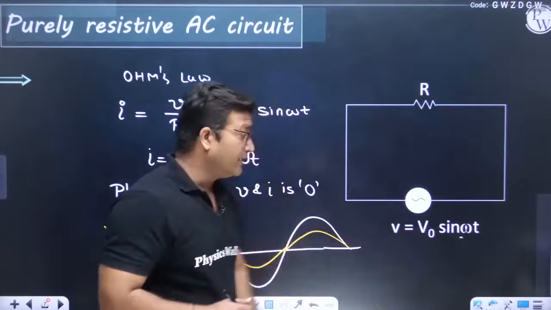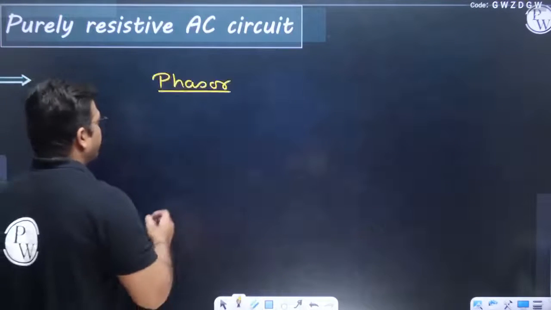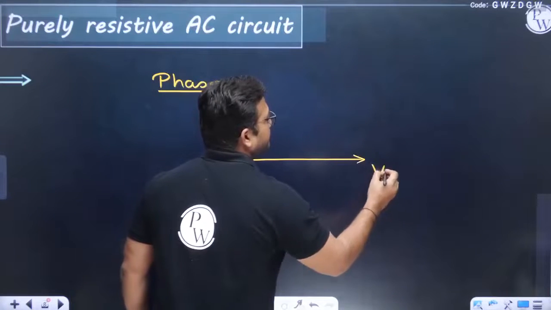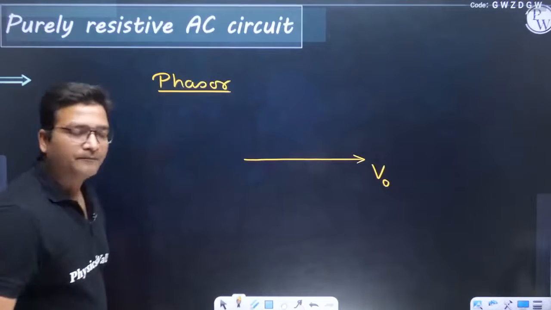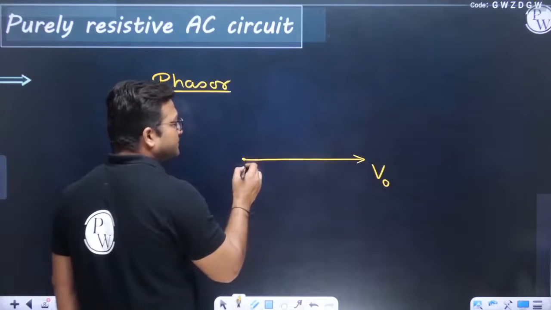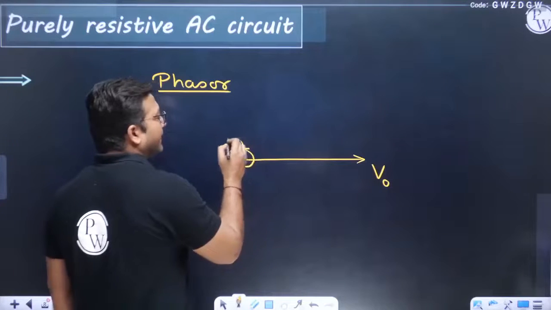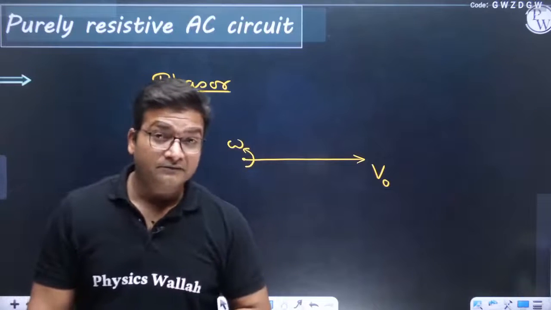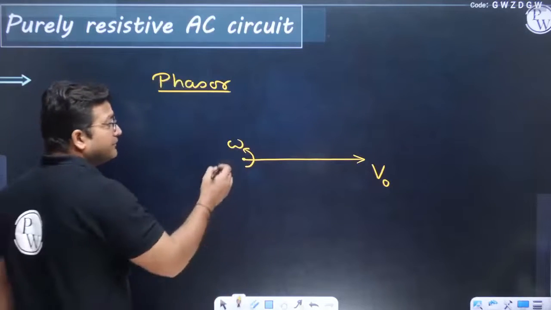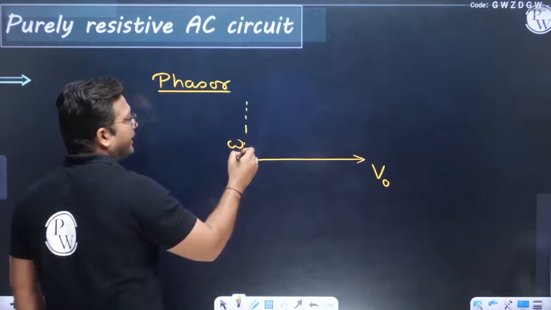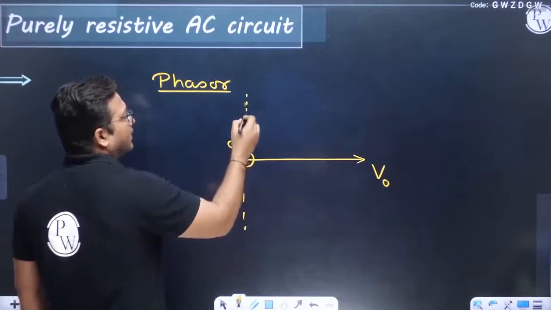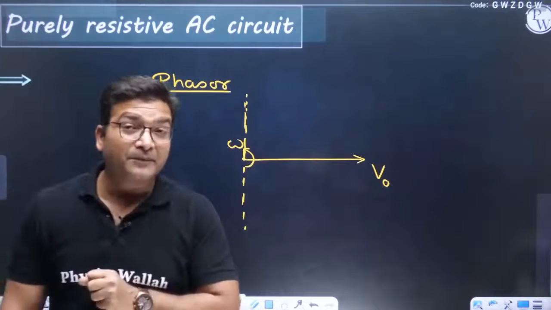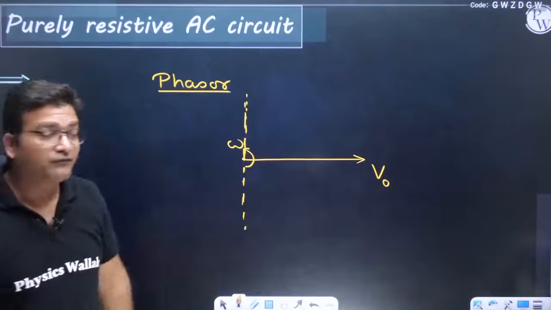If you draw a vector whose magnitude is equal to the maximum value V naught, and assume this vector to be rotating with angular velocity equal to the angular frequency of the signal, omega, then its projection on this axis would represent the instantaneous value of the voltage.